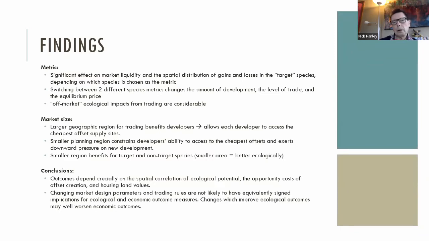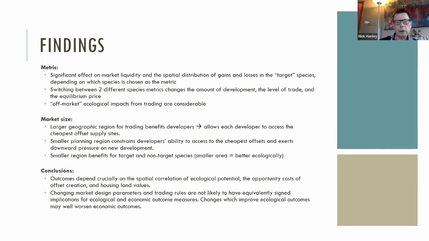And just to pick out a couple of highlights from what we found there, we found particularly that which bird we chose as our metric had quite a noticeable impact on where development occurred, on where offsets were created, on the amount of development that occurs, on the level of trade, and on the market equilibrium price.